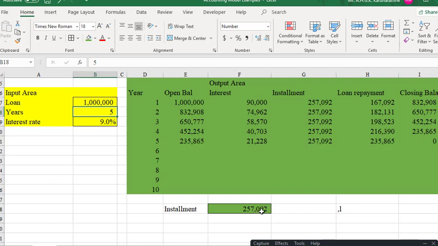Now let's say this particular customer says, no, 257,000 is too much for me, I can only afford less than 200,000. Then what would you suggest to your client, not as the manager? Then you would say, go for 6 years, you pay for 6 years.